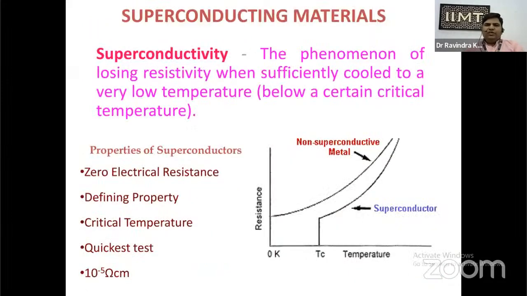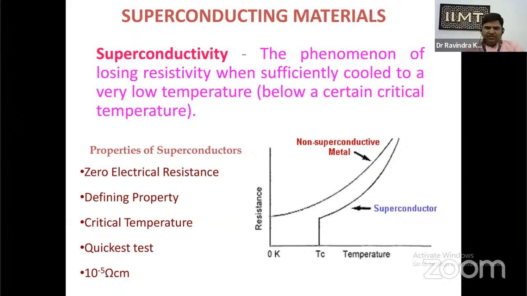Now, what is superconductivity? Superconductivity is the phenomenon of losing resistivity when sufficiently cooled to a very low temperature. These are some properties of superconductors. Zero electrical resistance, the defining property. Critical temperature, we have discussed, at critical temperature it becomes a superconductor. Resistivity is less than 10 to the power minus 5 ohm centimeter.